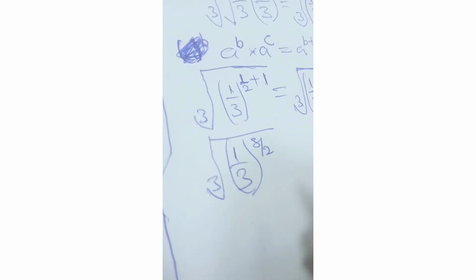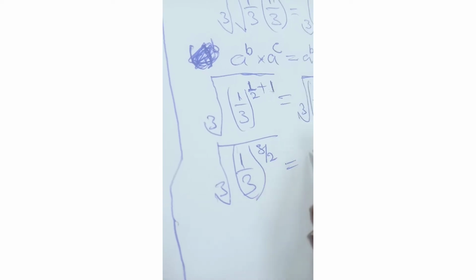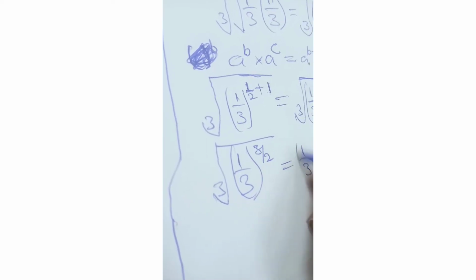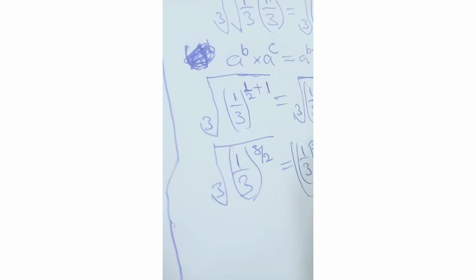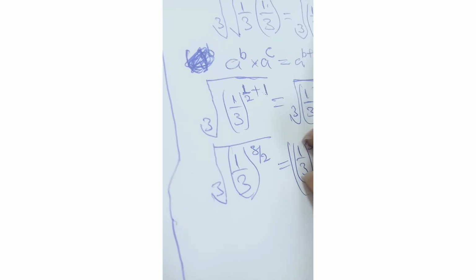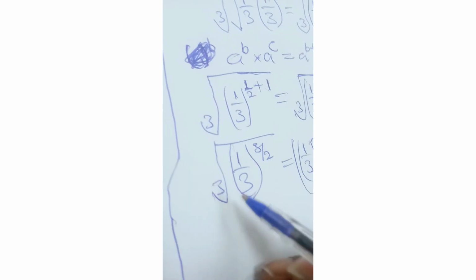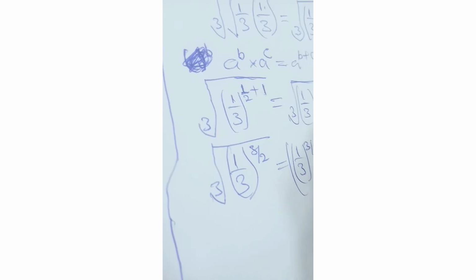At this junction, it's very simple. Let's return this cube root on this. Then you are going to have 1/3 raised to power 3/2. This is what we have inside the cube root, just written. Then the cube root itself, that was why I put this bracket, will now be the power 1/3.